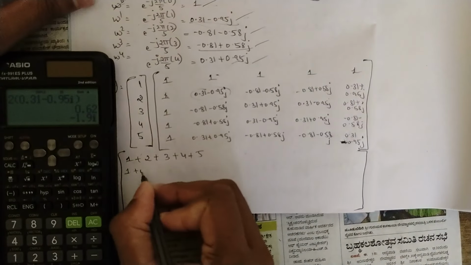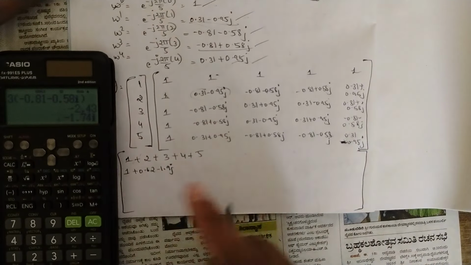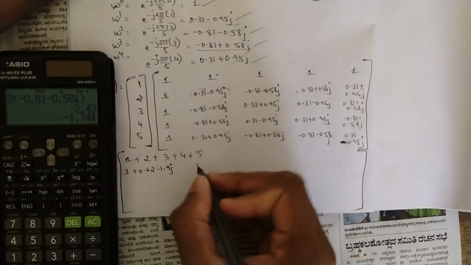Next is 3 into this term, that is 3 into minus 0.81 minus 0.58j, that is equal to minus 2.43 minus 1.74j.